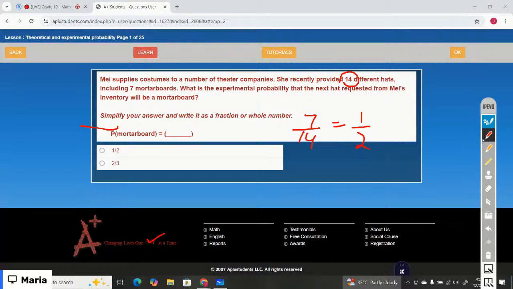That means the probability of a mortar board is 1 over 2. Option number 1 is the correct option.